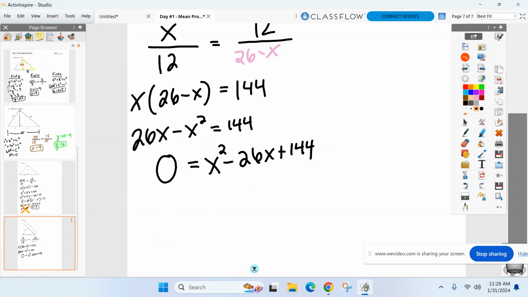Bigger numbers that multiply to 144, but are somehow going to give me negative 26. Play around on the calc.